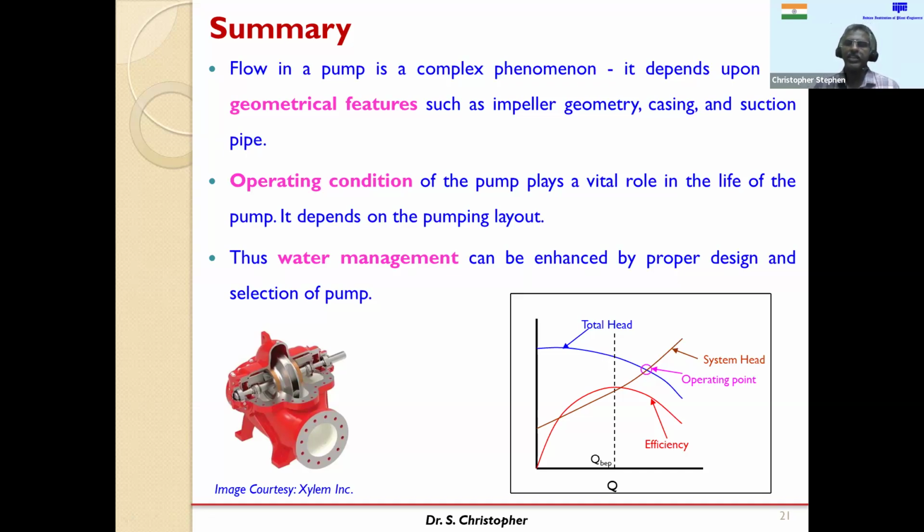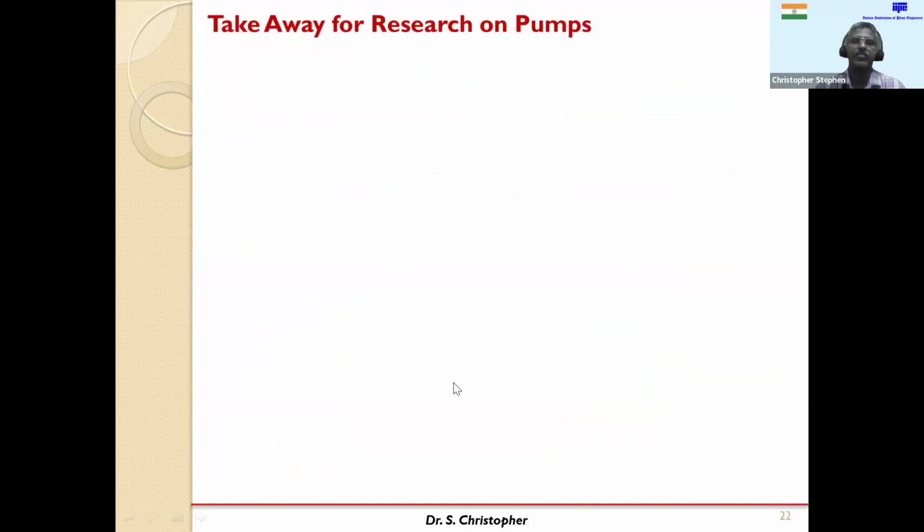For different applications, temperature and viscosity are involved, and even the installation. If you have more space, then we can go for an end suction pump. If there is limited space, then we need to go for a vertical inline pump. So depending upon the installation constraint, we need to choose the right pump for the right application.